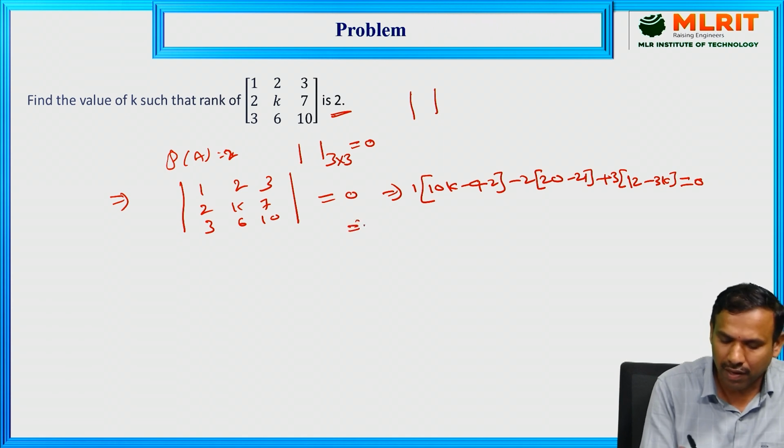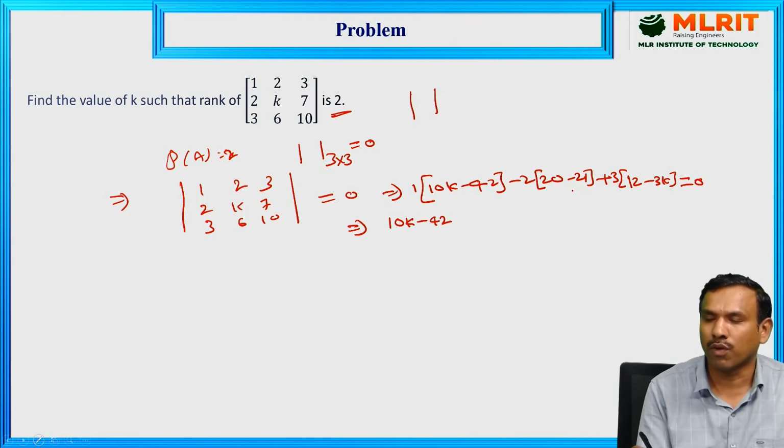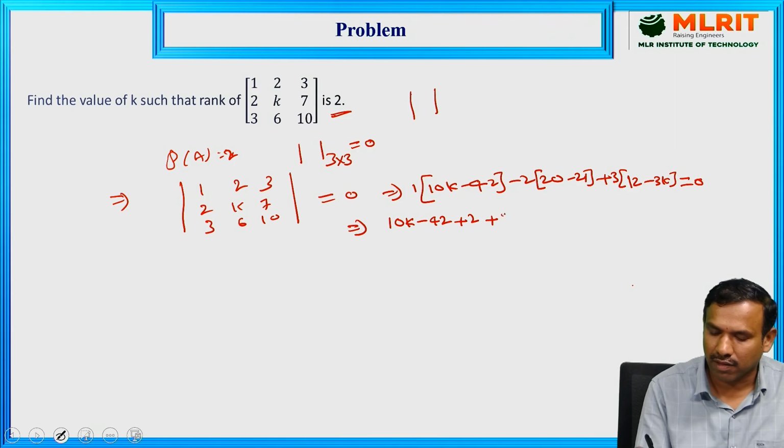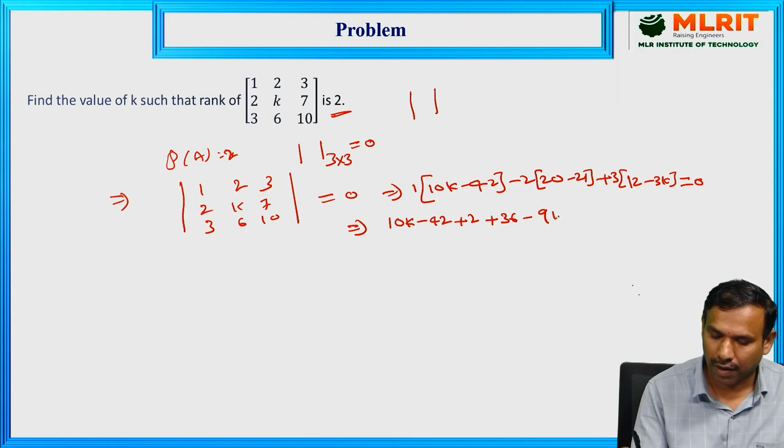Simplifying, we get 10k minus 42, plus 20 minus 21, that is minus 1, plus 3 into 12, 36, minus 3 into 3k, 9k, which is equal to 0.